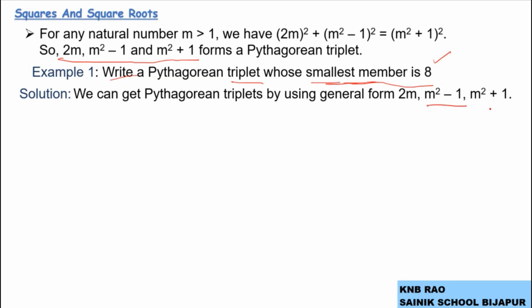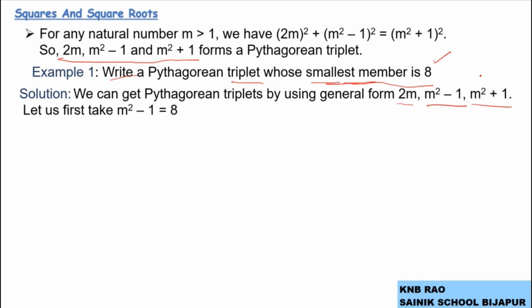We can equate m square plus 1 to 8 and look for some triplets, and even we can equate 2m to 8 and look for some possibilities of finding Pythagorean triplets. This is the way of reasoning. Now watch.